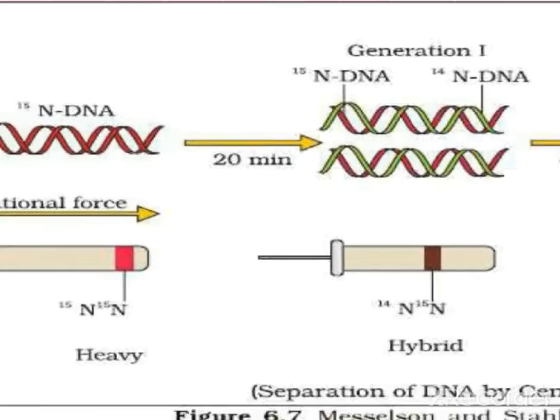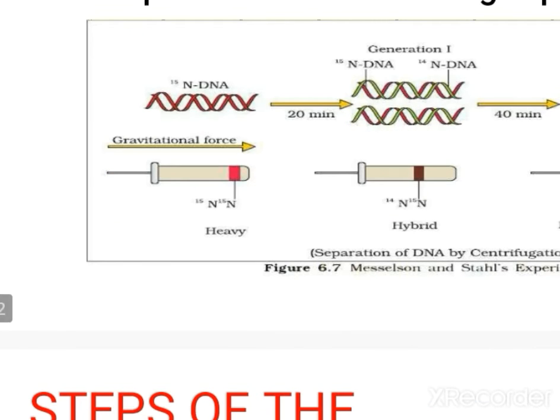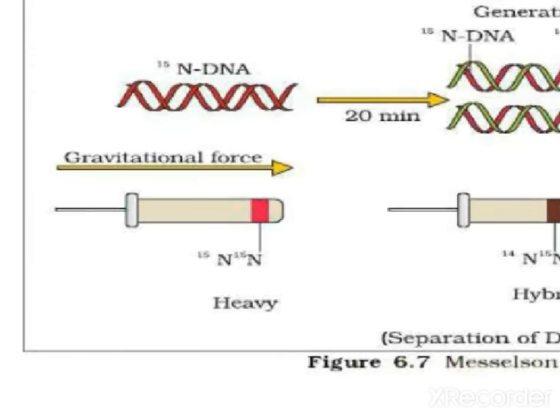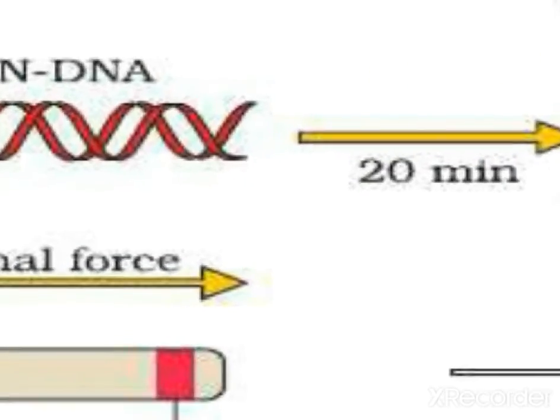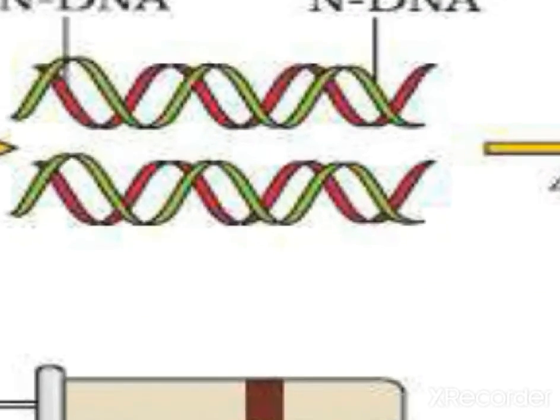When they grow the bacteria in the medium, they take the N15 heavier isotope, and all the nitrogenous bases will become N15. As I told you, semi-conservative mode means these two strands separate. Then you can see one red strand and one green strand, and among the two red strands, one goes to the DNA above and one goes to the DNA below.